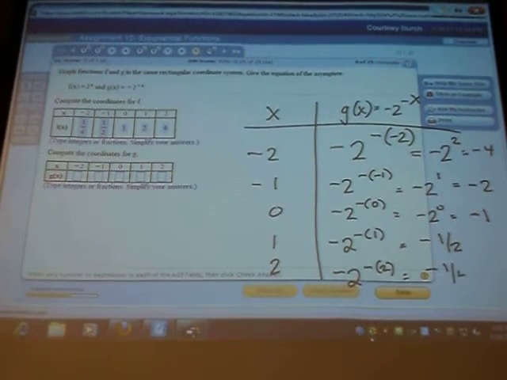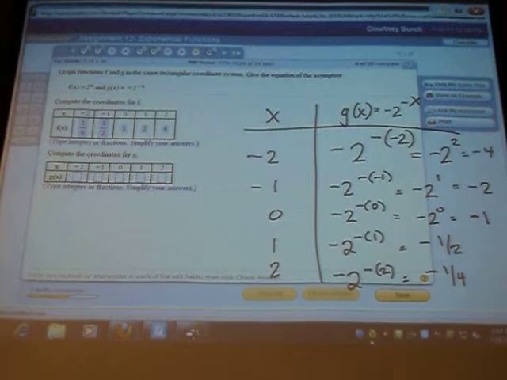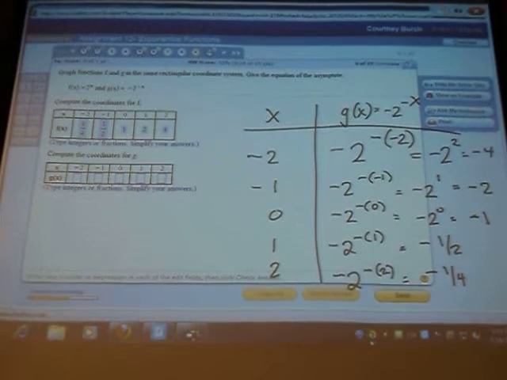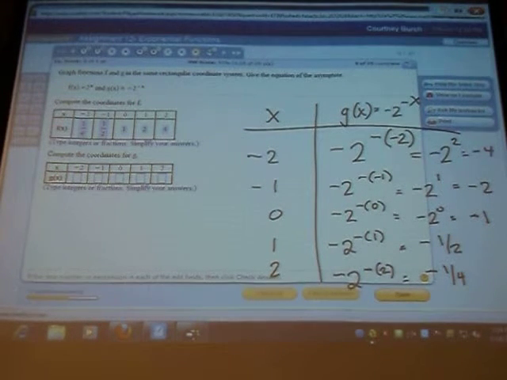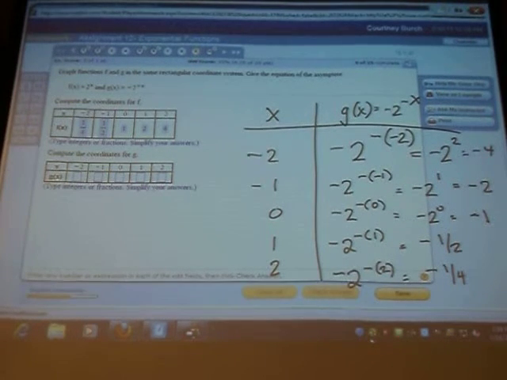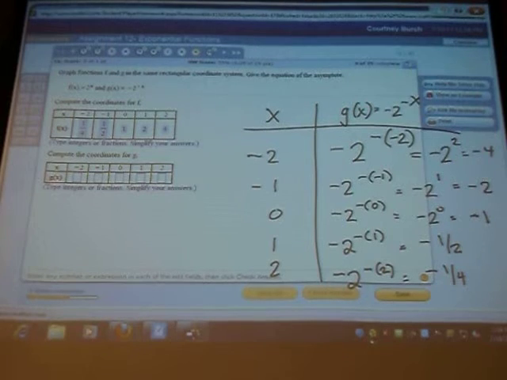If I do that in the calculator, will it work it out for me? So I'm getting all the answers right except for the first one. Okay, you've got negative 2, and then the power is negative negative 2. Well, negative negative 2 is positive 2. So you've got negative 2 raised to the positive 2 power. 2 to the second power is 4. It's not negative 2 raised to the power. It's the negative of 2 raised to the second power. 2 raised to the second power is 4, and then you make the answer negative.